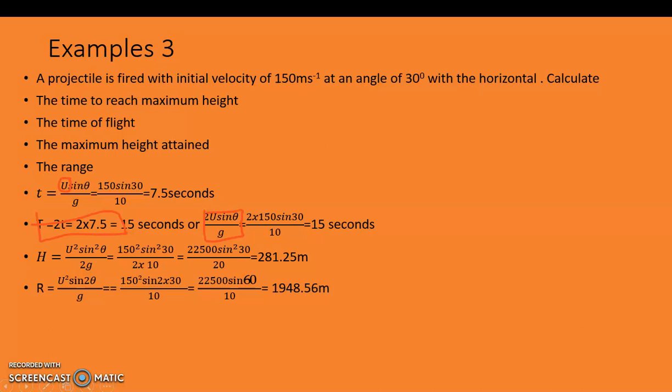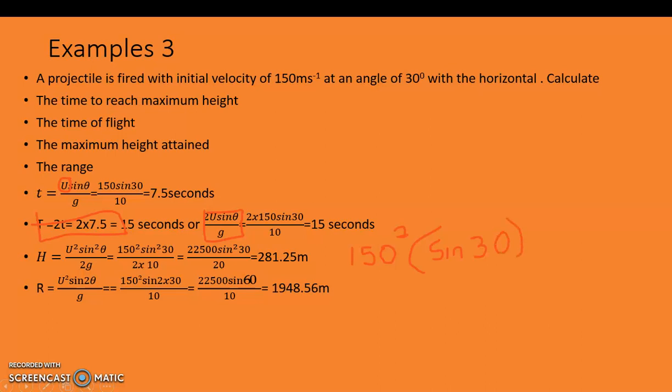So also h is u squared sin squared theta over 2g. Now please, with your calculator, it will be better you solve it this way: 150 squared, open bracket, sin of the angle 30, all squared.